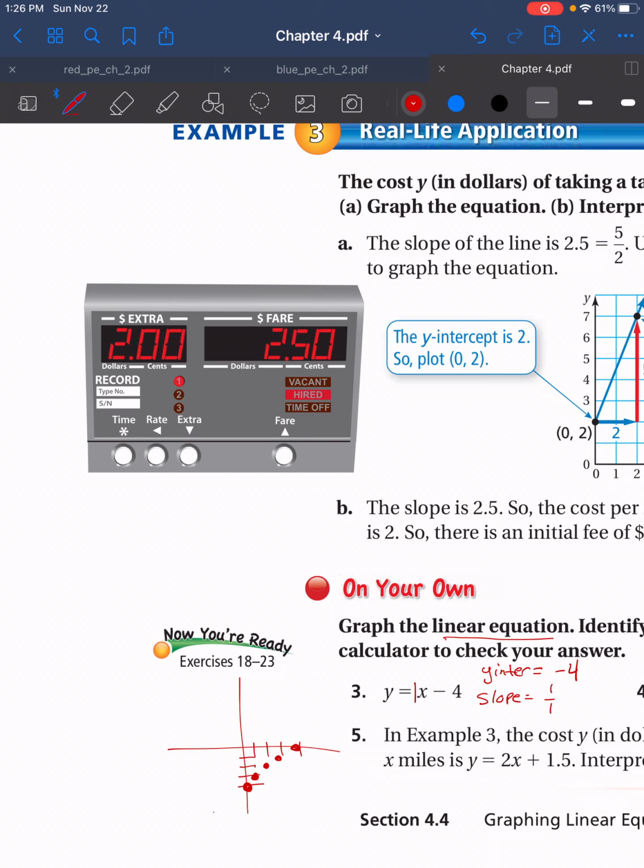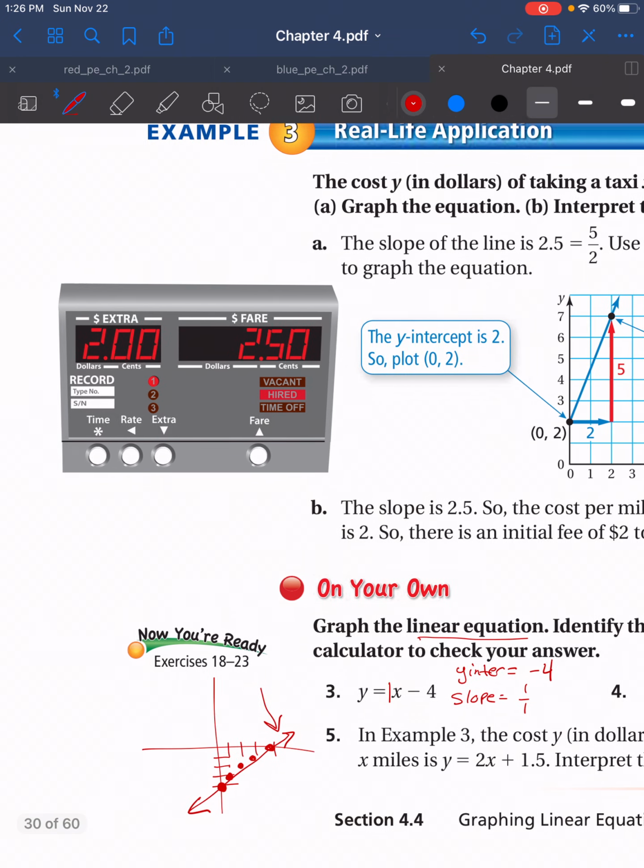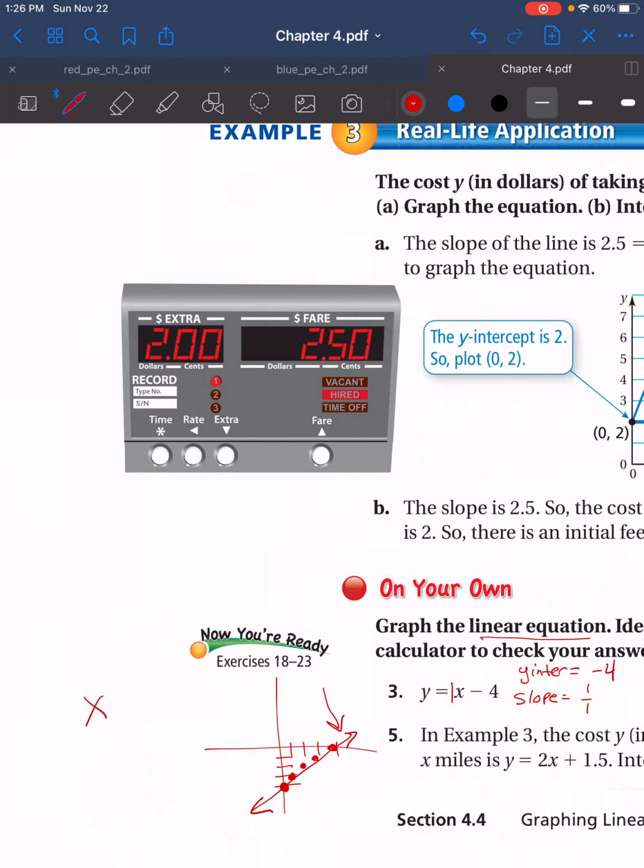Like I said, the sketch is not perfect, but the reason why I did so many up 1 over 1s is because I need to find the x-intercept. Where does it hit the x? It hits the x at 4. So number 3, I would say the x-intercept is equal to 4. Okay?